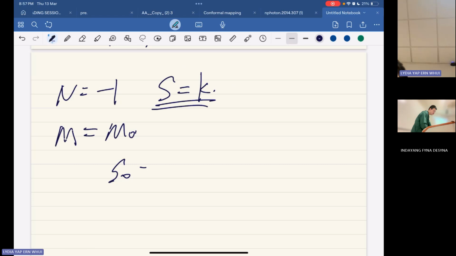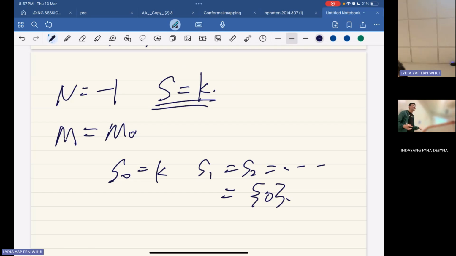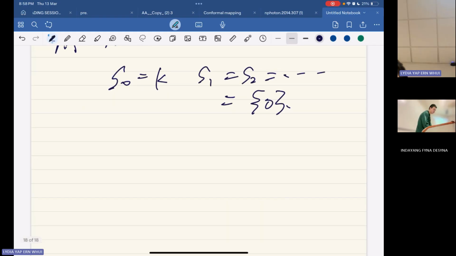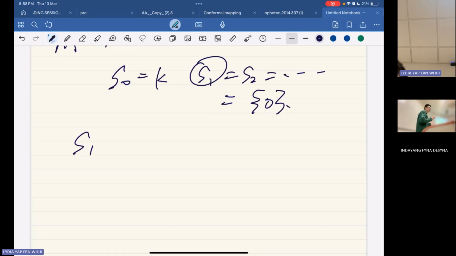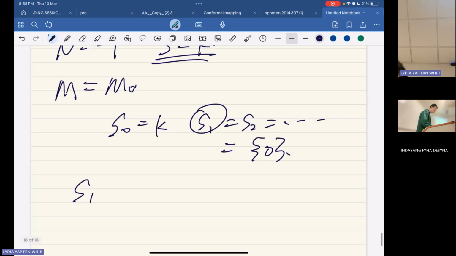Actually, this is just S0 equals to K, and S1 equals to S2 and so on is just 0, right? Because we did not adjoin anything. We cannot find a polynomial with degree 1. So all of the graded pieces after S0 should just contain 0, right? And if we multiply this S1 thing into something in M, it just becomes 0, right? So our M1 also equals M2 also equals those things equals 0.